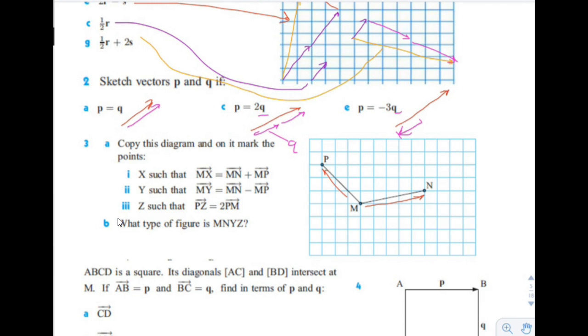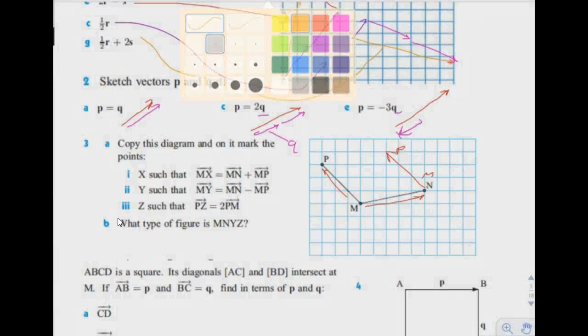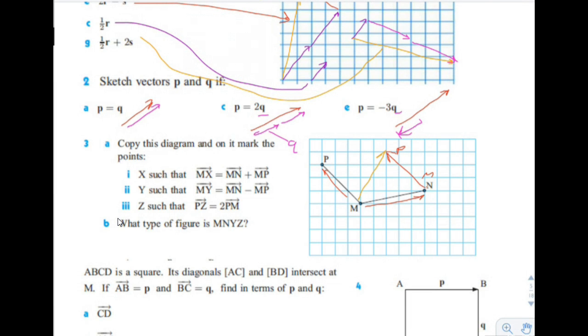So mp is 3 to the left and 3 up. So mn plus mp is supposedly equal to mx. So x is right there.